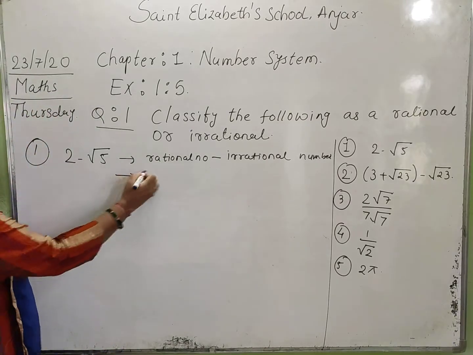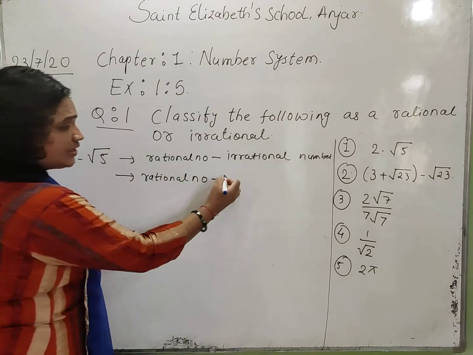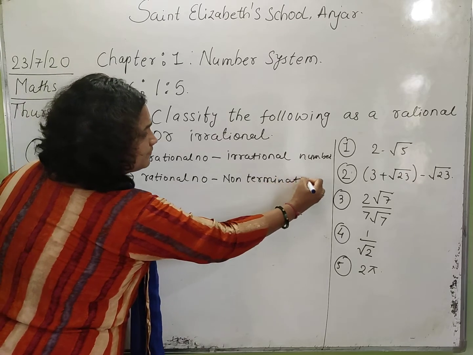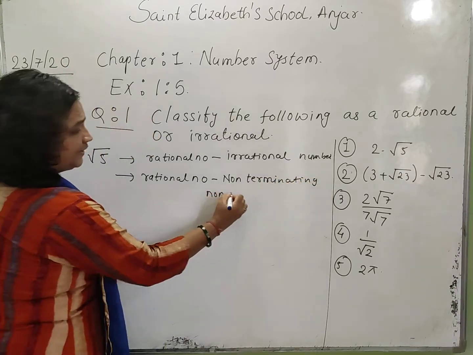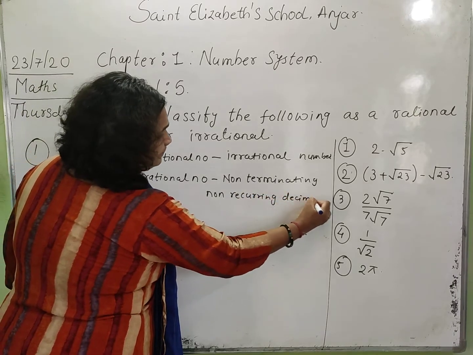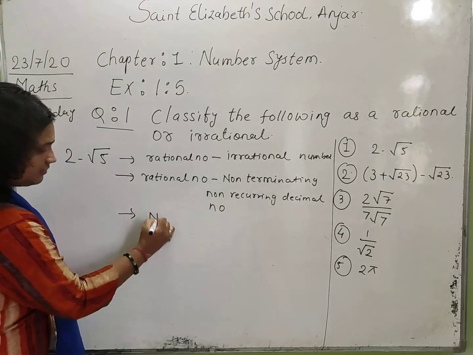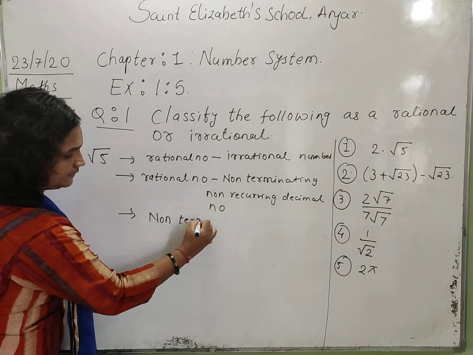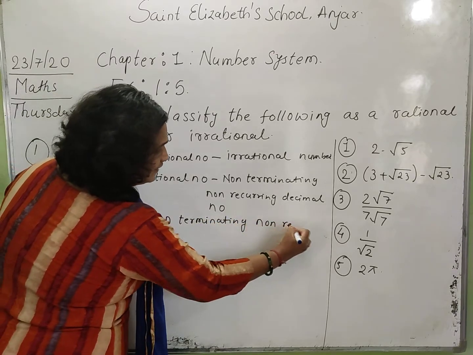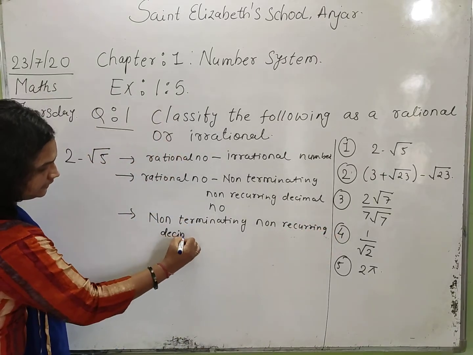So you can also write: rational number minus irrational, which is a non-terminating, non-recurring decimal number. And therefore its difference will be a non-terminating, non-recurring decimal number.